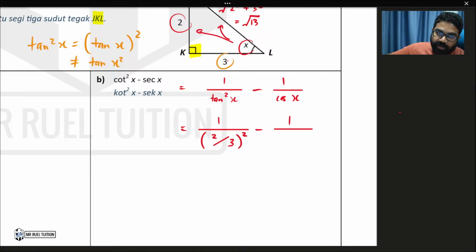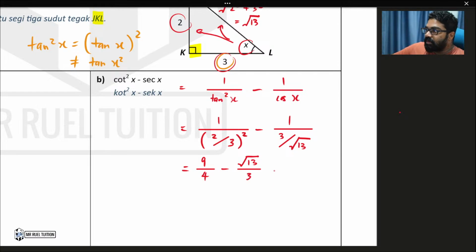Adjacent over hypotenuse, 3 over root 13. So this is 9 over 4, minus root 13 over 3.